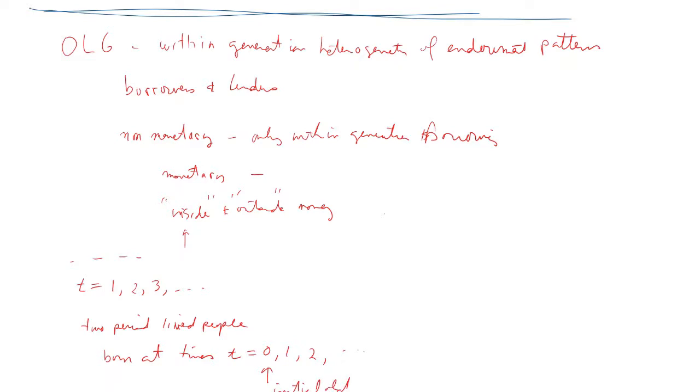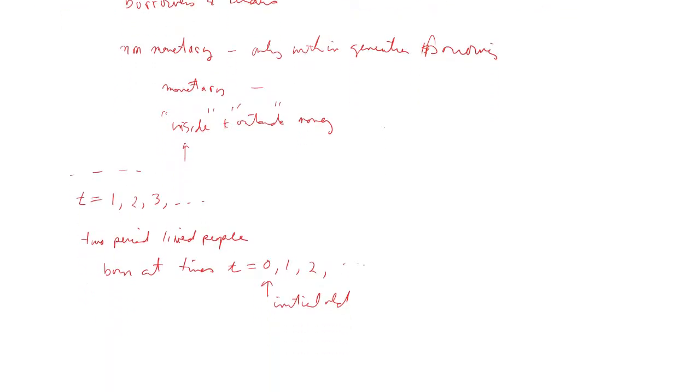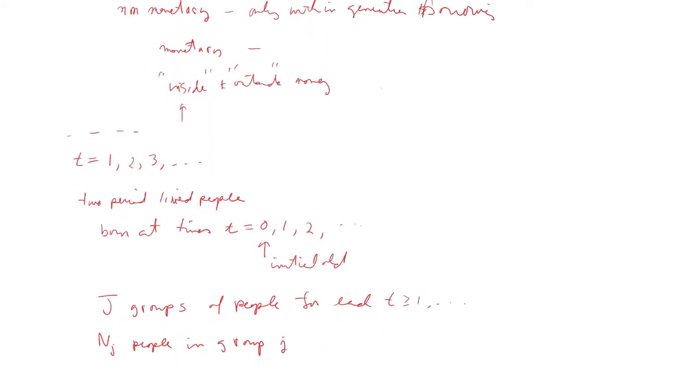These are the initial old people, and the way we're going to do this is we're going to say there are J groups of people for each t. We're going to keep for each t, and there's n_j people in group j. That's the way we're going to do this.